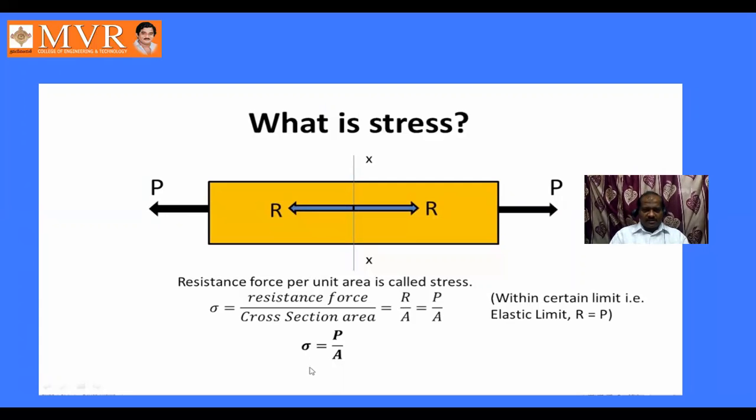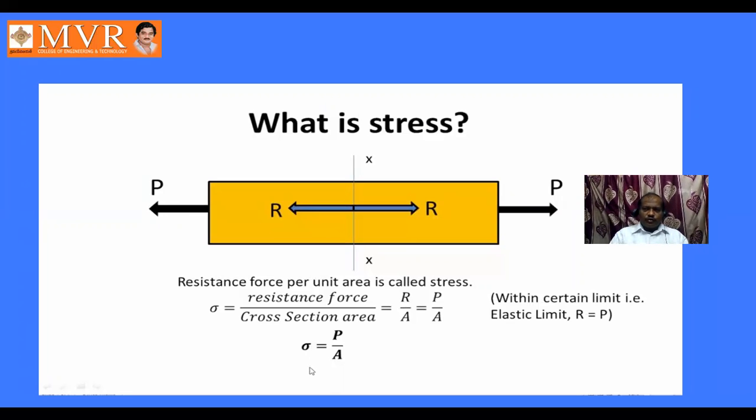If one P has a higher value compared to the other P, then there is going to be a change here. The sigma is the symbol: sigma is equal to resisting force by cross-sectional area, that is P by A. So within a certain limit, the elastic limit, R is equal to P.